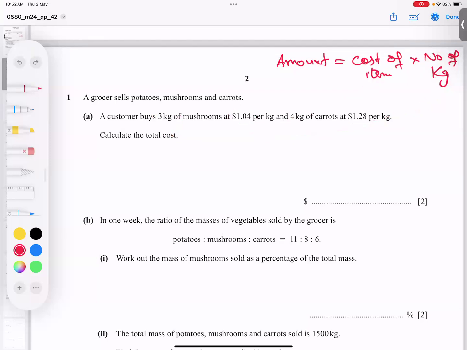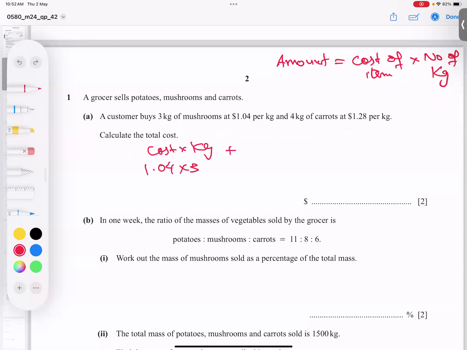So I'm writing here, cost of item times kilograms, in short form. The cost is 1.04 and the kilograms are 3. This I have done for mushrooms. I hope it's clear.